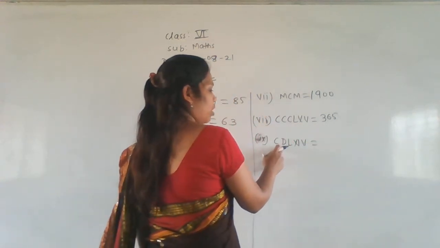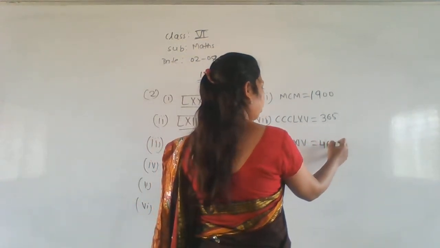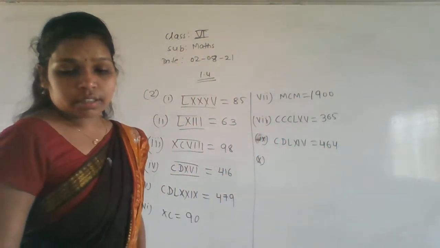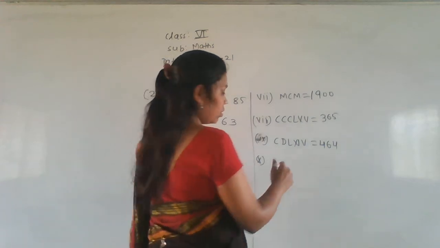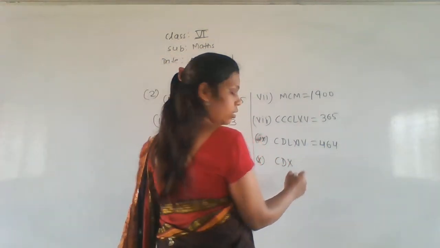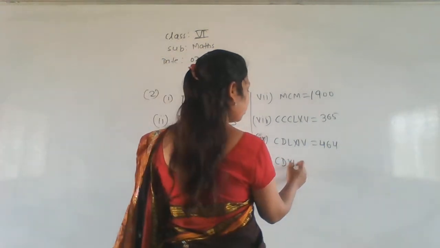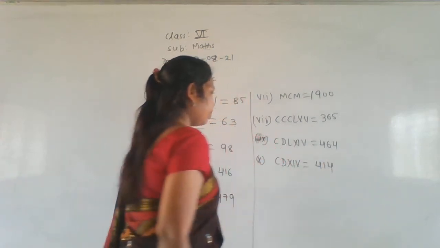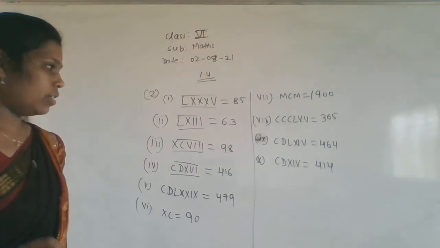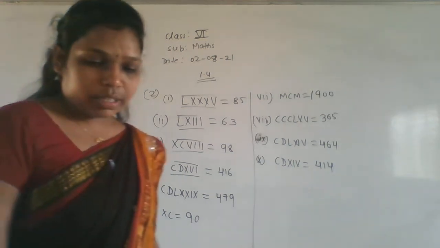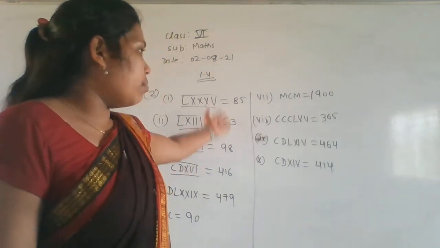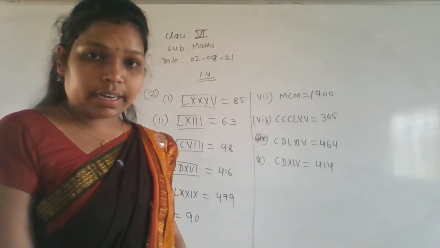CD means it's 400. 464. 10th, CDXIV. Here it is 414. 414 is the number. Okay. So these are the second main. They gave Roman numerals. We have to write the numbers. Like that we have to write.